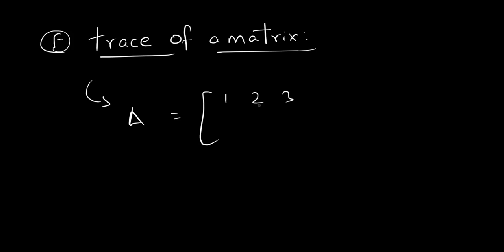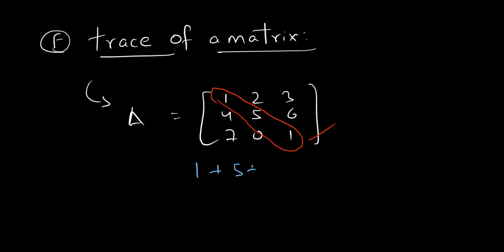If we take 1, 2, 3, 4, 5, 6, 7, 0, 1, the trace is the principal diagonal. The sum of the principal diagonal is called the trace. So 1 plus 5 plus 1 is 7. So 7 is the trace of the matrix A.